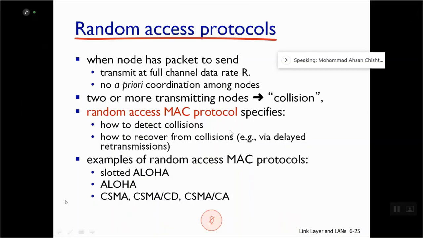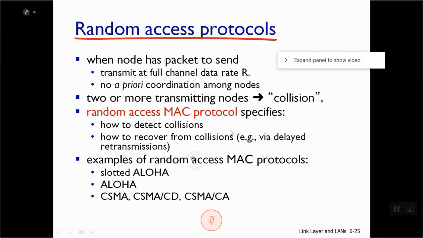If two nodes collide, some of them can retransmit instantaneously, some can wait for a specific, independently, randomly chosen delay. Among this, we have slotted Aloha, Aloha, CSMA, and fourth the advanced versions, CSMA/CD and CSMA/CA, where CD is collision detection. We are coming to each one by one.